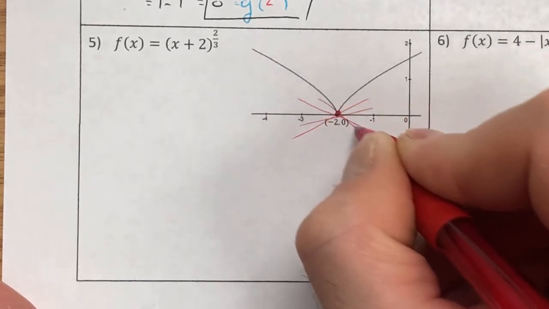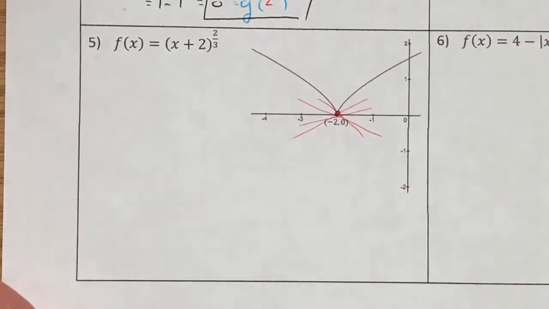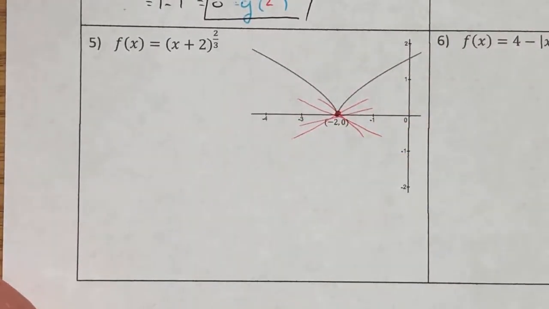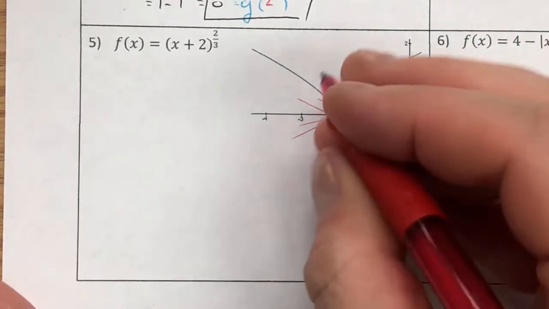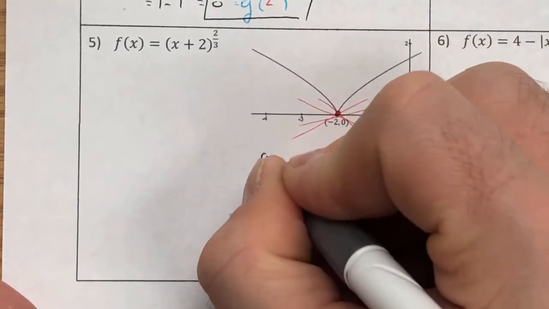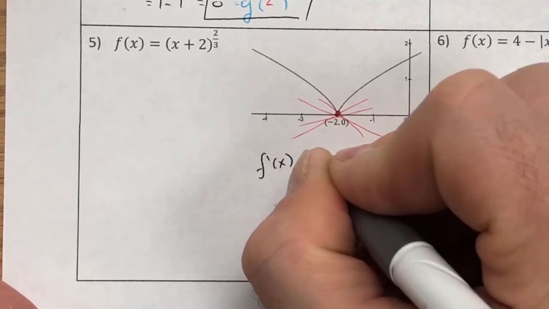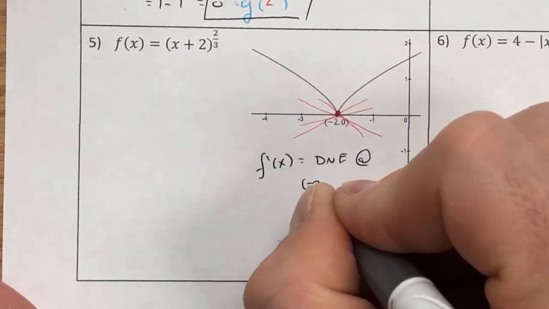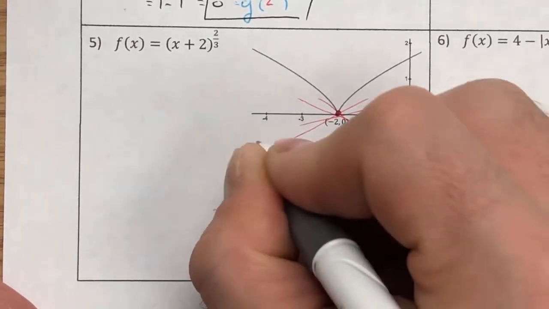There is no one tangent line. There's an infinite amount. It can be any one of these angles. So it does not exist. So I know that f prime of x does not exist at (-2, 0).